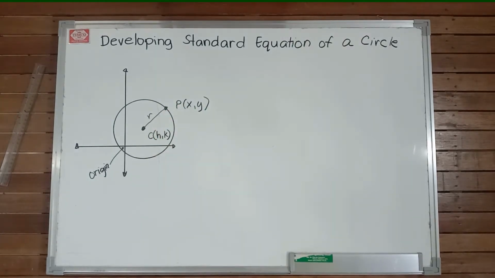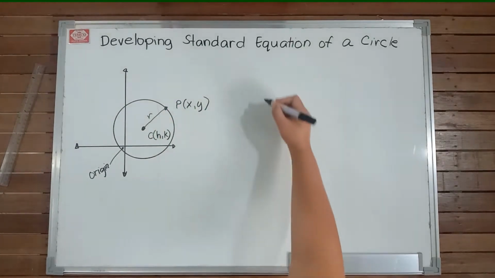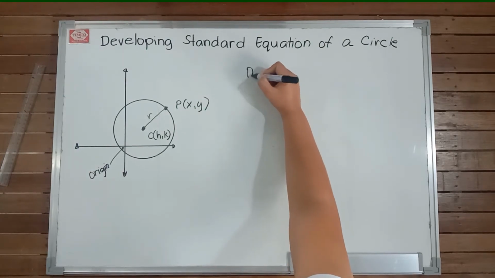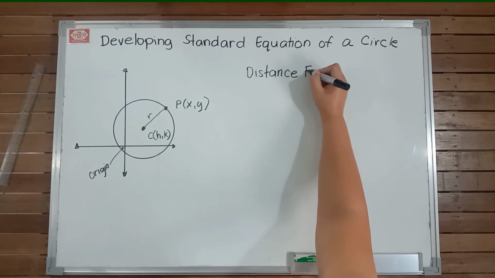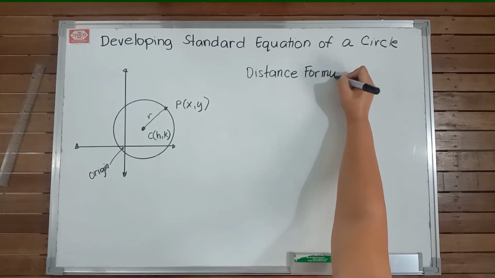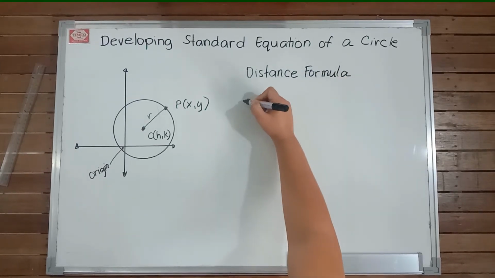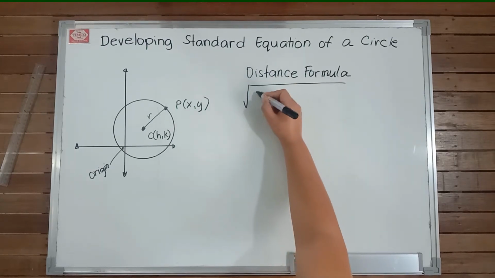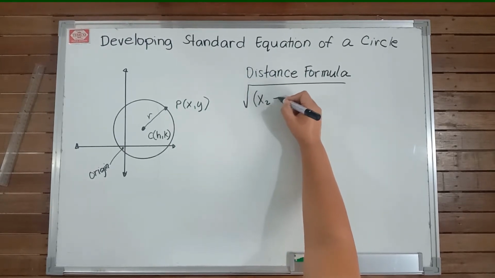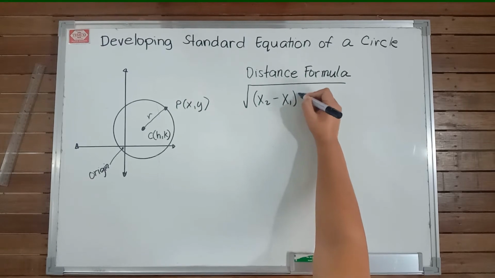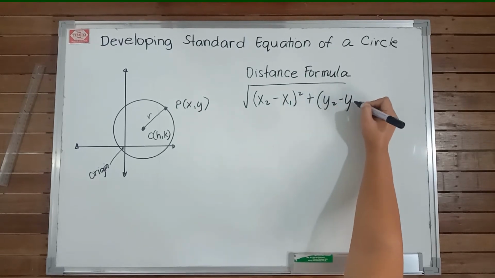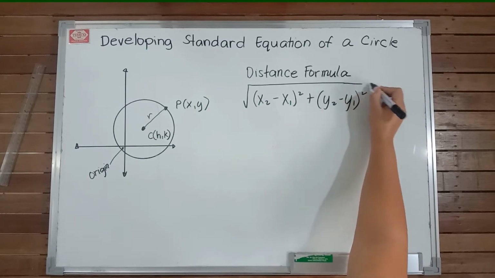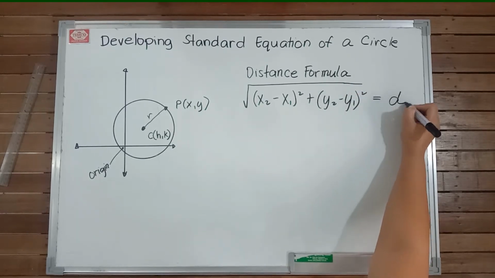And we have a certain point P, (x, y). So, we draw a line. The distance from the center to the point P is the radius. Using the distance formula, we have the square root of x of 2 minus x of 1 squared plus y of 2 minus y of 1 squared equals d.